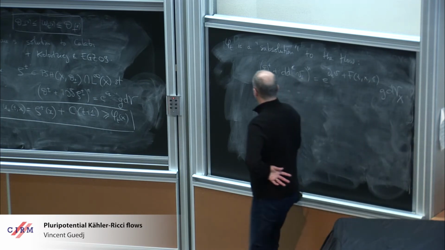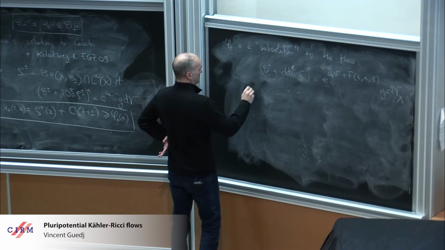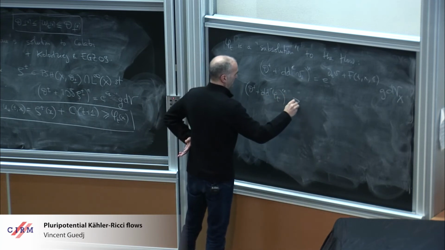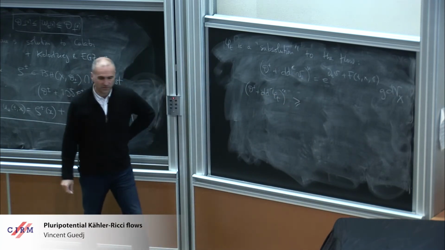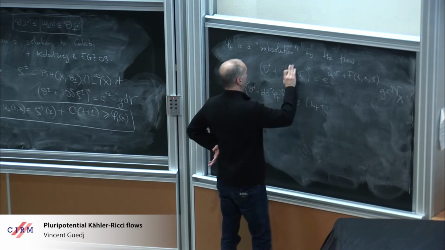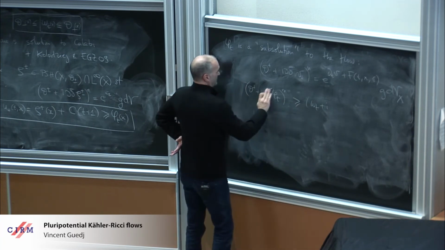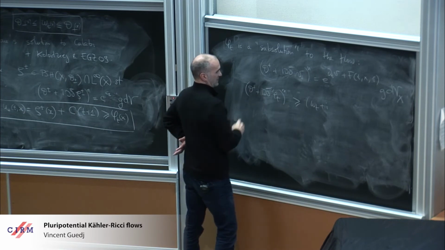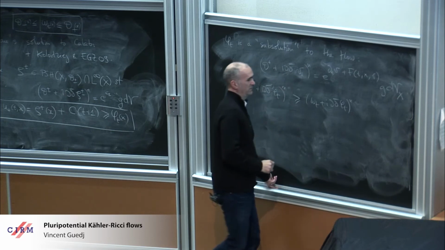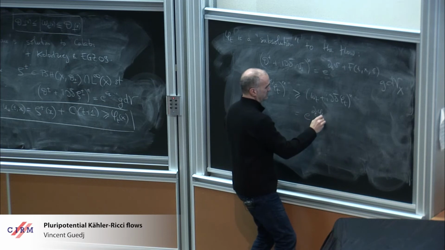So actually, the point is that theta plus ddc phi t to the n, because theta plus is a bit more positive than omega t, this is greater or equal than omega t plus, oh sorry, I tried to avoid ddc since the beginning, but they caught me up. So you have this inequality. This is the equation satisfied by phi t.